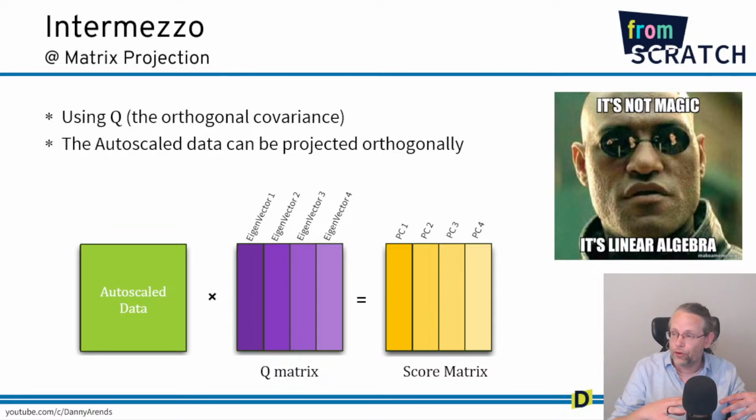If you do computer graphics, you have a triangle, and each individual point you multiply by a projection matrix to put it somewhere in the 3D world that you are creating. PCA is the same, but it doesn't do it in three dimensions. It does it in X dimensions, where X is the number of features that you are looking at.